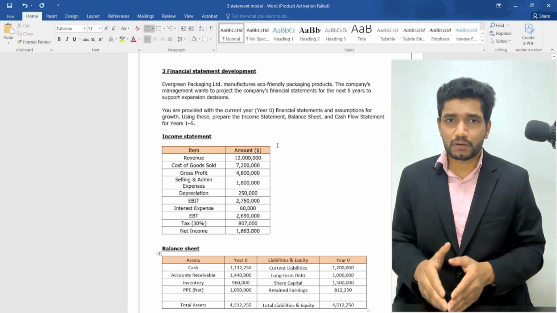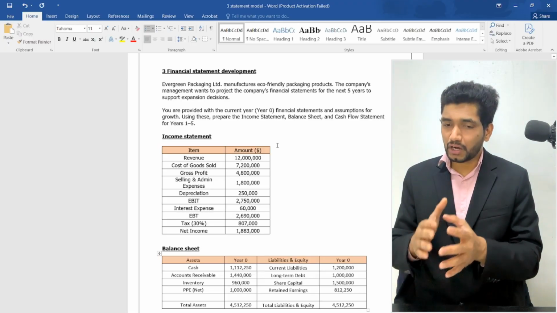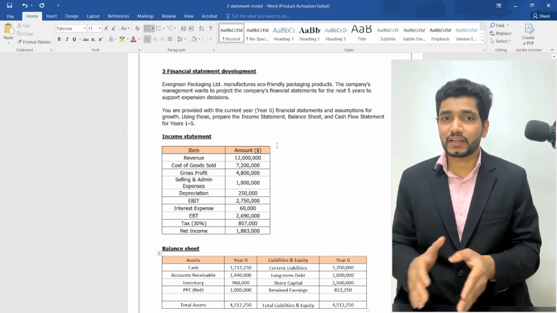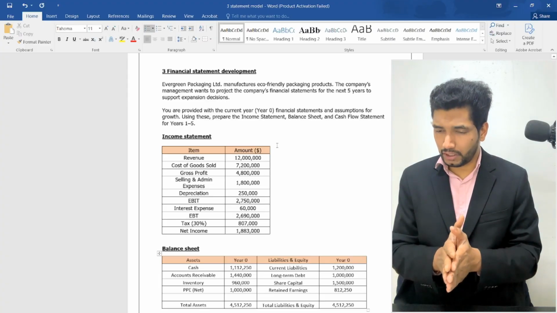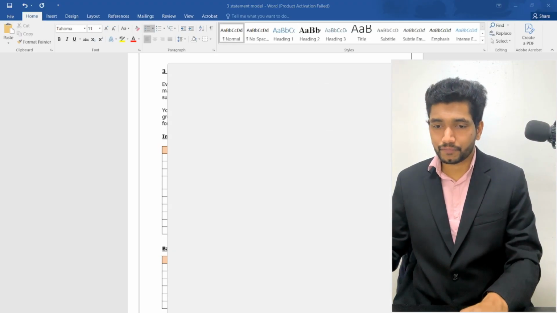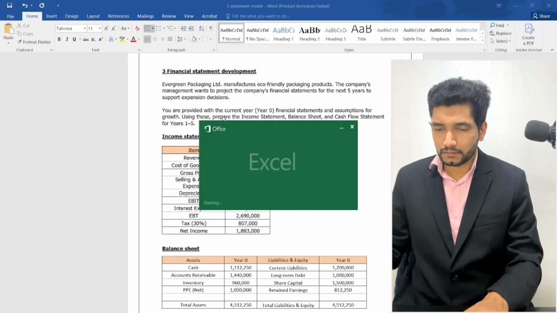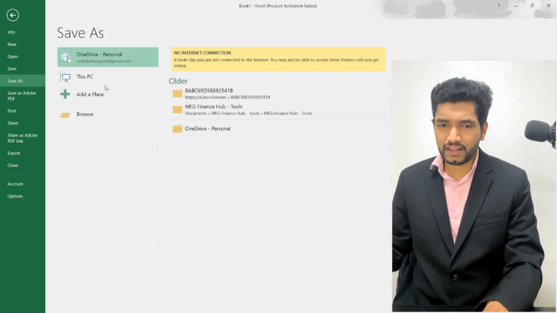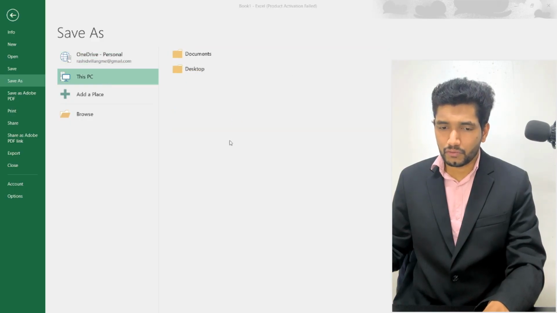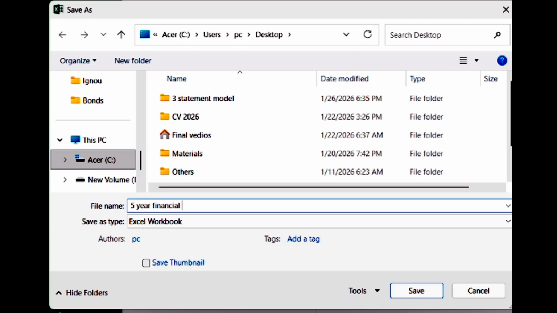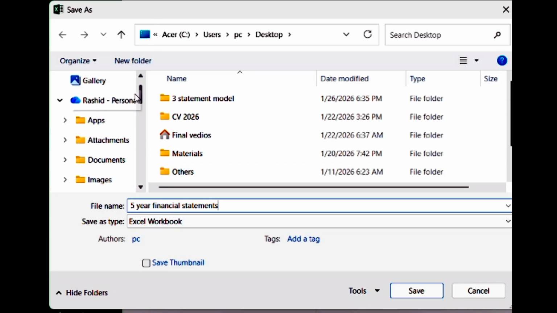To start this financial modeling, first we have to convert this data into an Excel sheet, which gives the income statement, balance sheet, and cash flow statement for year 0 or the base year. So I will open an Excel file here. I'm saving this Excel file named 5-year financial statements.